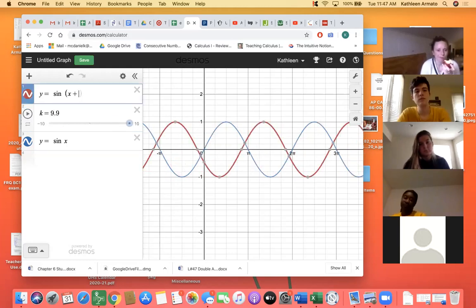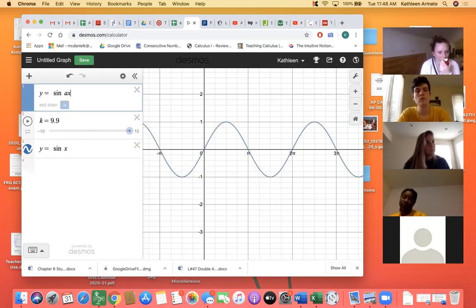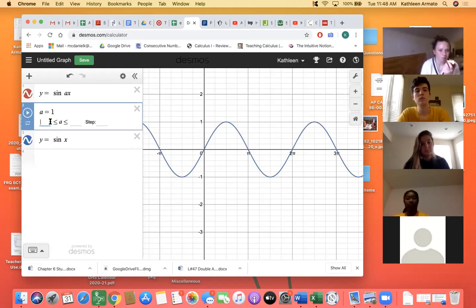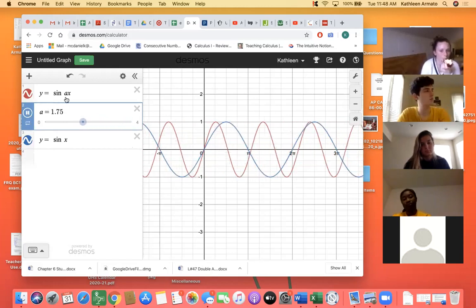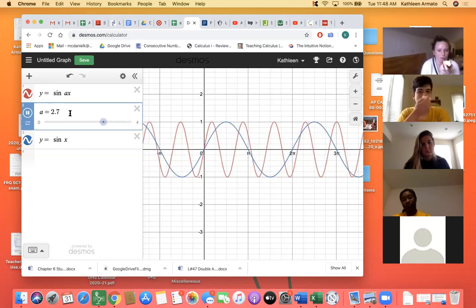If I had done AX, add slider A, and I don't really want it to go from negative 10 to 10, I just want it to go from 0 to 4, and then hit play. We can see that that variable, the A, is affecting the period of the graph, which is what we saw last time.